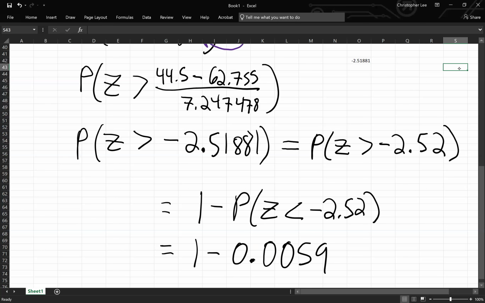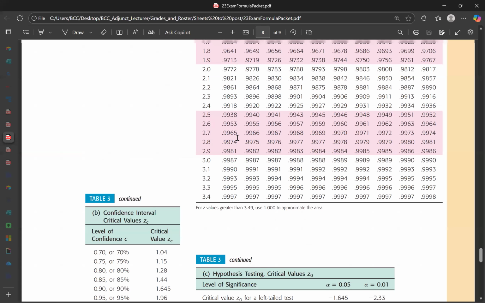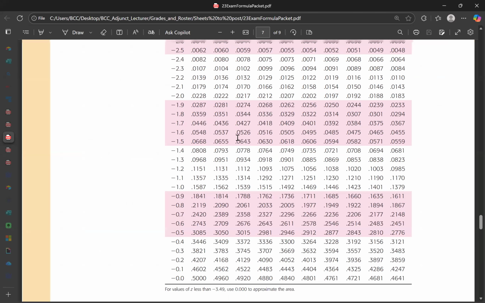All right, so I'm looking for negative 2.52. The negative is table 3. So let me verify alongside with y'all. Yeah, that's negative, so you want to go to the negative table. So look on the board.